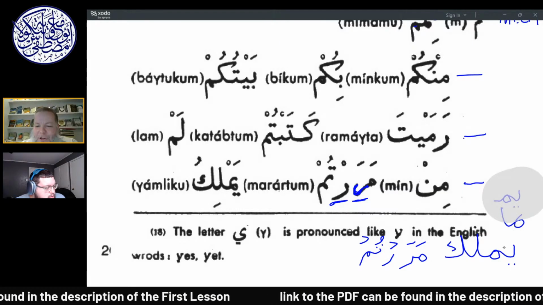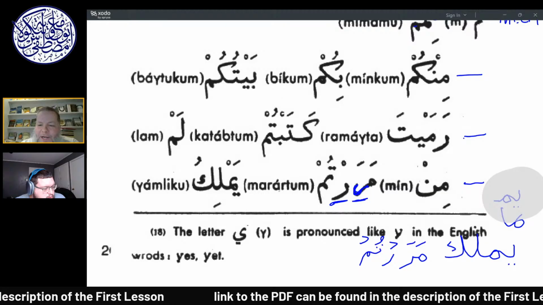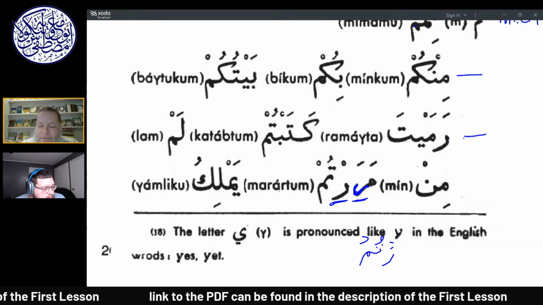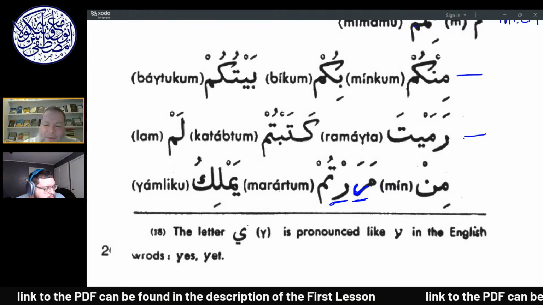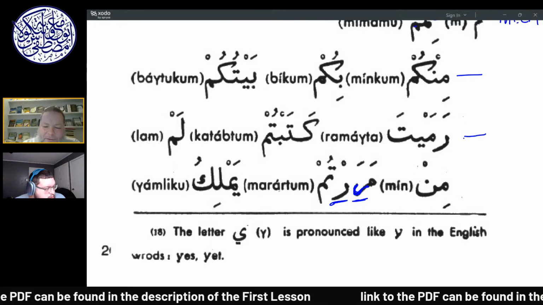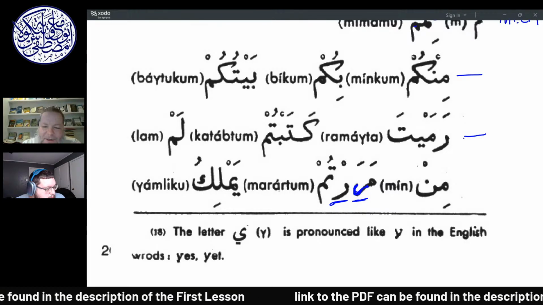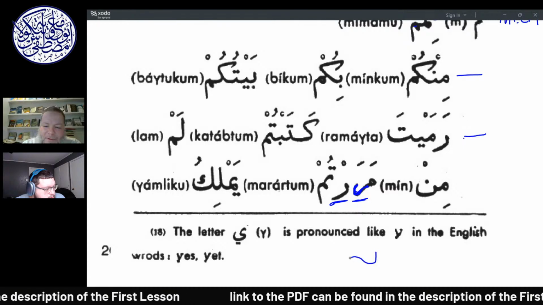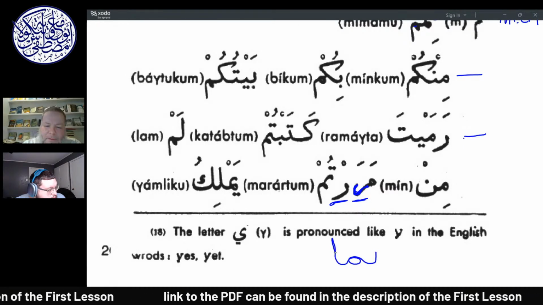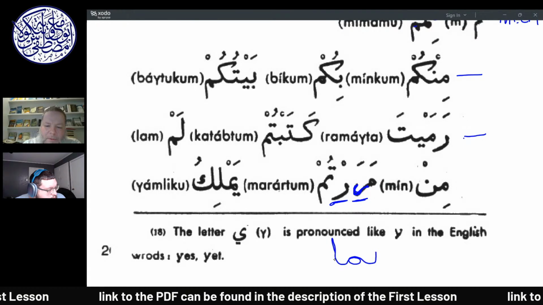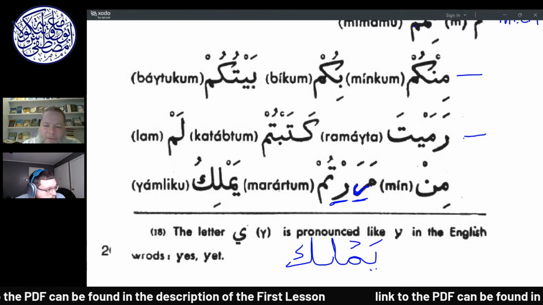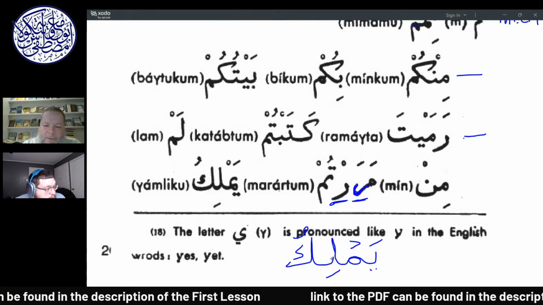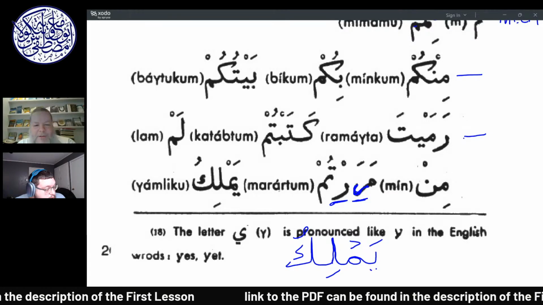This is actually what I wrote down here. Again, my pen is tripping. Give me one second for my pen to act right. That's what that is.